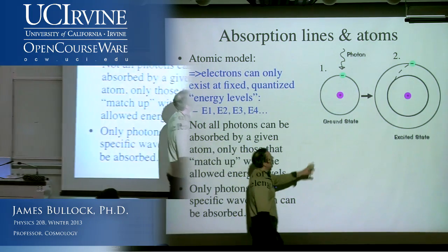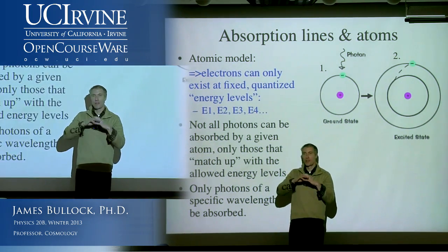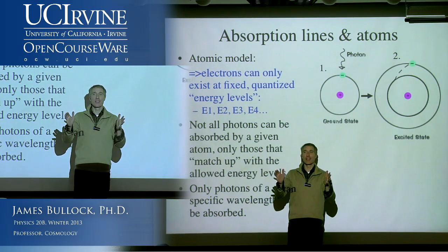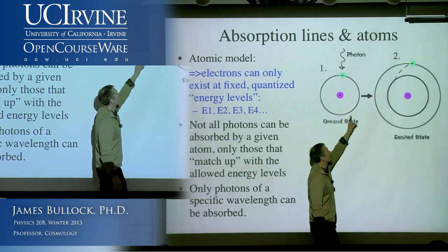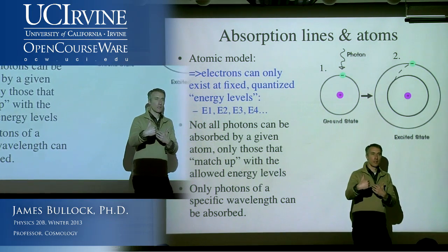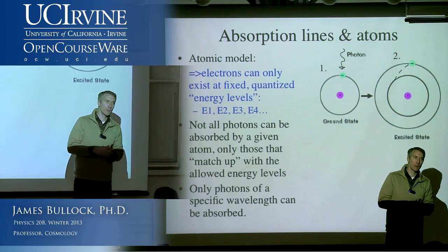Vice versa, if you have an atom that's in the ground state and light comes towards it, it will ignore a lot of the light. Only the light that has that magic wavelength that lets it jump to where it wants to go will be absorbed. And that's the specific wavelength of that absorption.